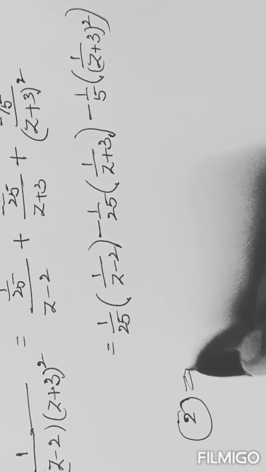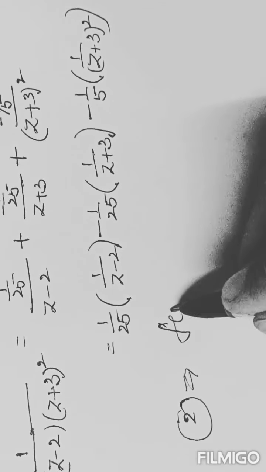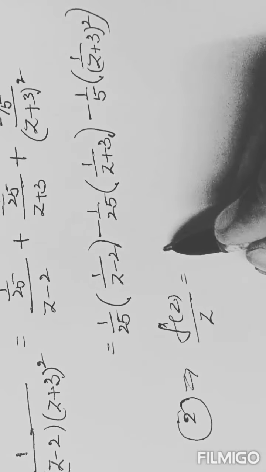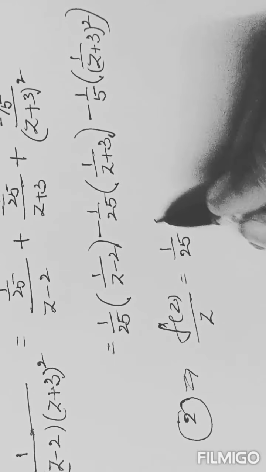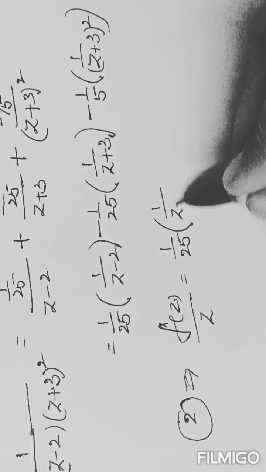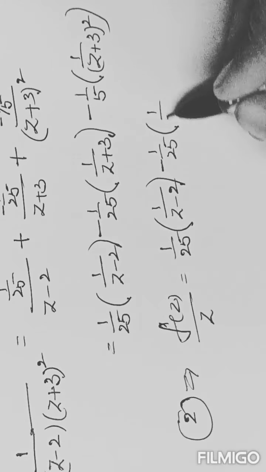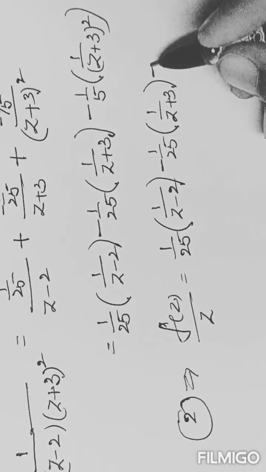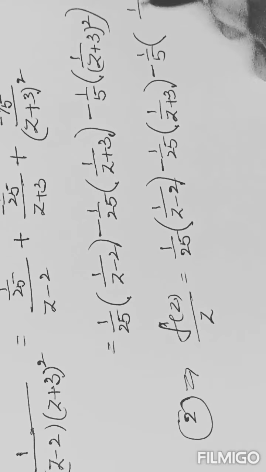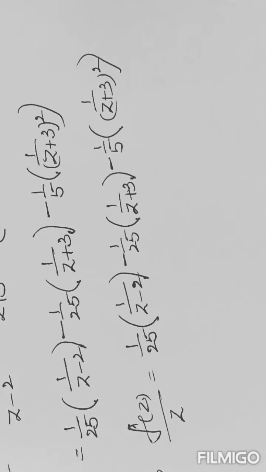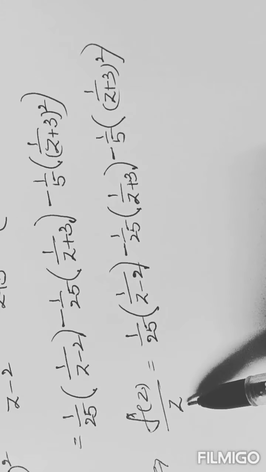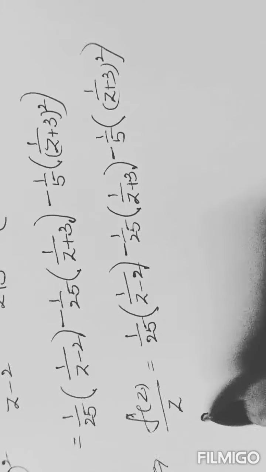Equation 2 implies F of z by z equals this. After getting partial fractions, now we can write z to the right by cross multiplication.